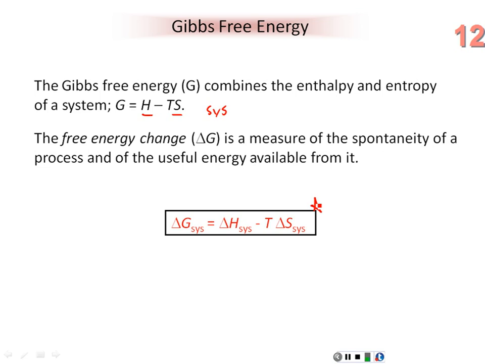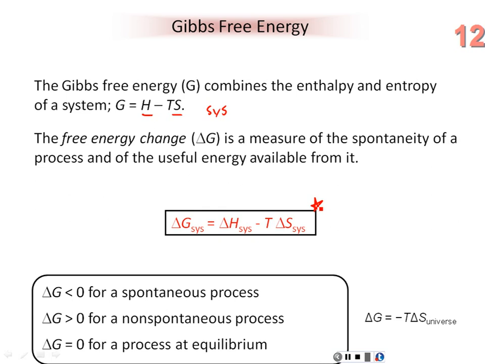And the equation, this is an important equation to know. Obviously, you'll be given this on an exam, but it's important to know how to use this equation. And that is delta G of a system equals delta H of the system minus T delta S of the system. For a spontaneous process, delta G has to be negative.